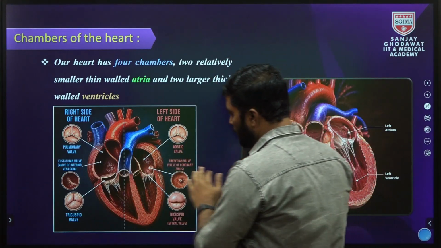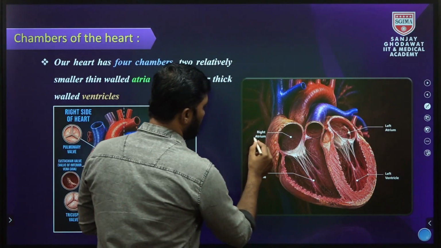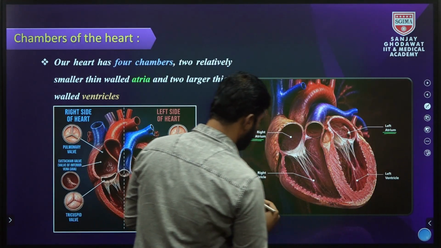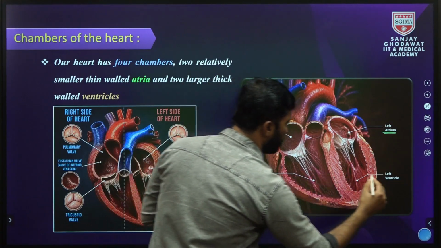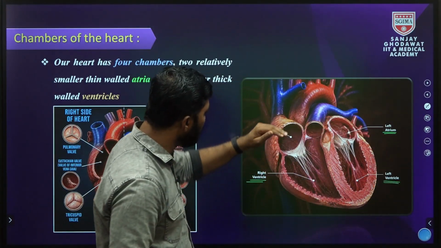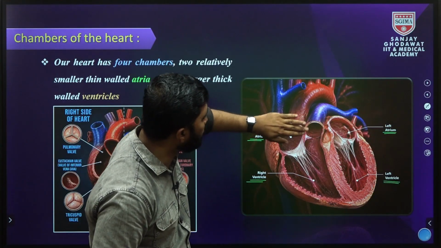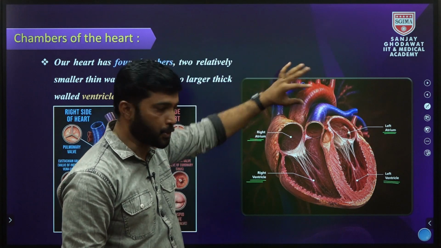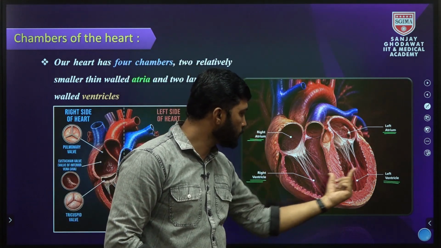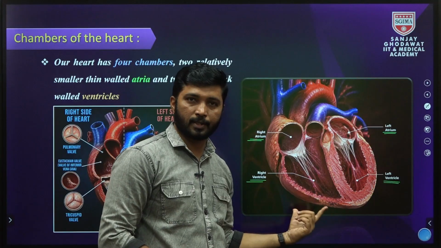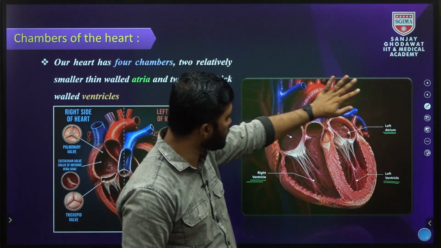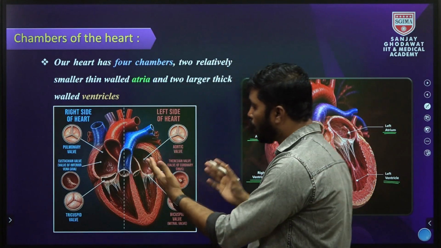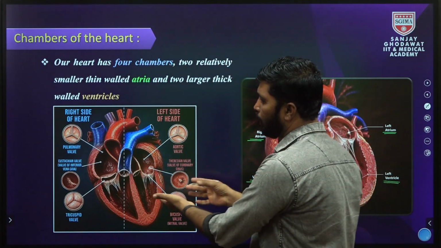The human heart includes 4 chambers: right atrium, left atrium, right ventricle, left ventricle. The upper small, thin-walled chambers are atria, the lower large, thick-walled chambers are ventricles, with different valves in the heart.